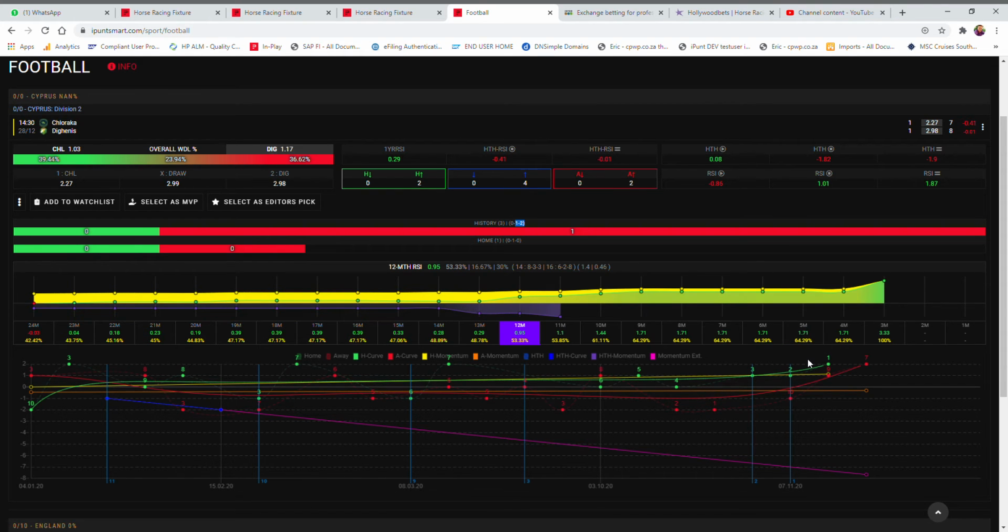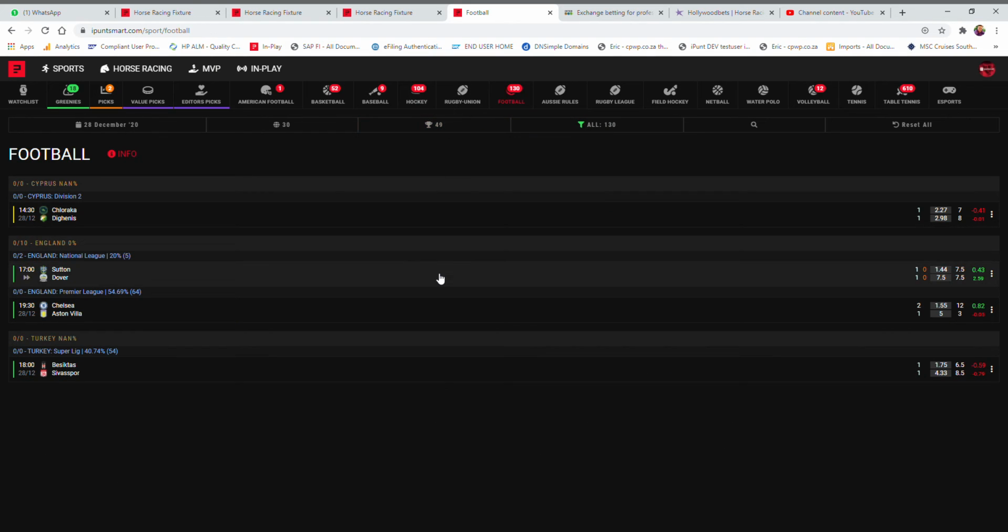So clearly we can see that Shiroka has been improving, but the historical head-to-head data is not supportive of that, so I cannot make that an editor pick because of that history. And then that's a postponement, so no need there.